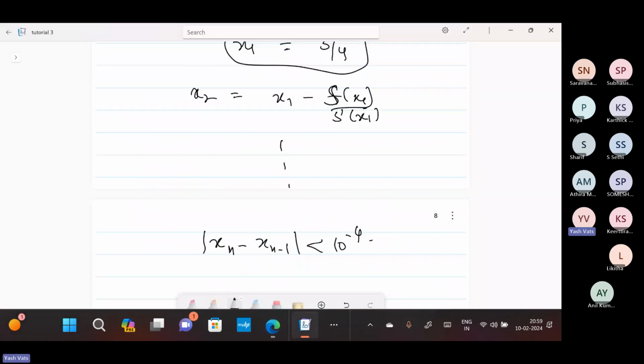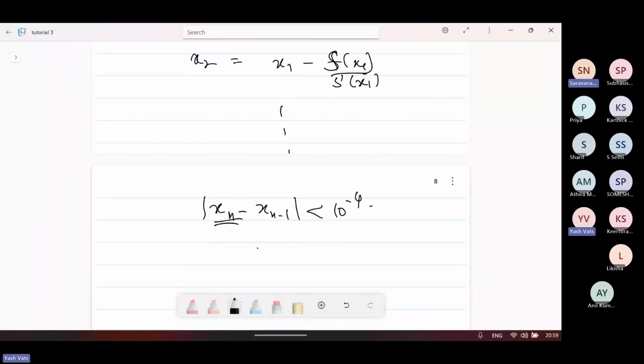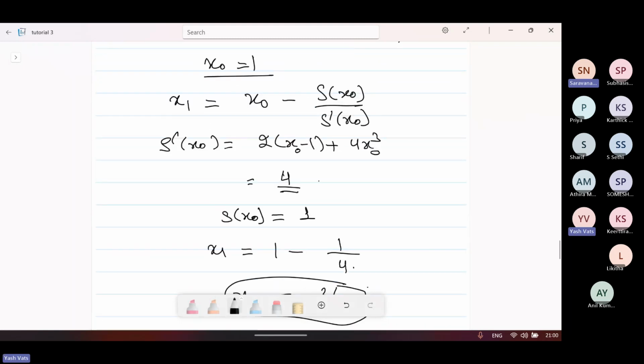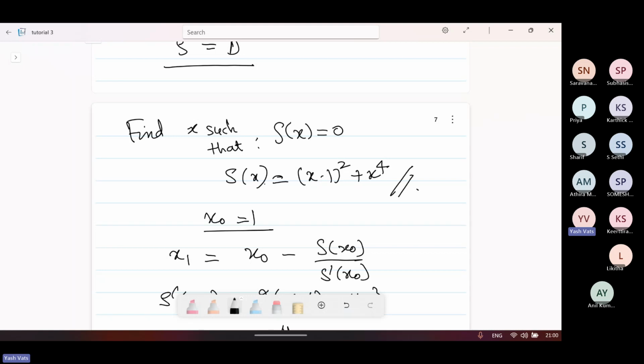Then you select the value xn, and that should be your answer. Do you get it? Yeah, similar to that earlier problem we did, but there is no explicit function given to us in this case.